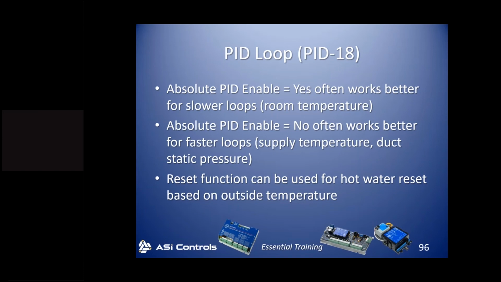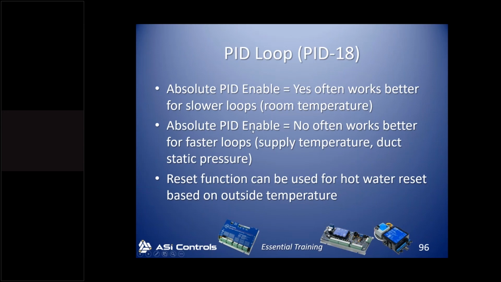That's not going to respond that quickly. As opposed to if you move a chill water valve, then the supply air temp tends to change fairly quickly. And I think duct static pressure tends to fall into that group too. If we change the speed of the fan, we should see the static pressure input change fairly quickly.